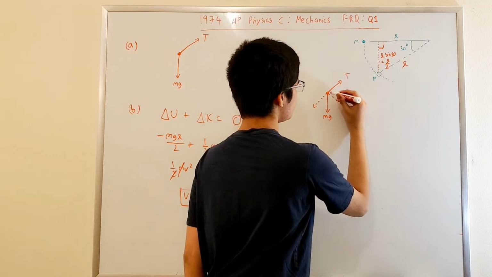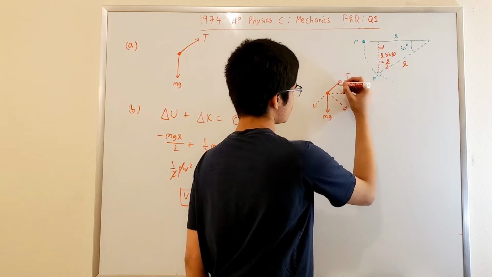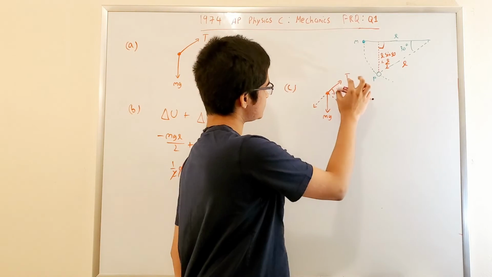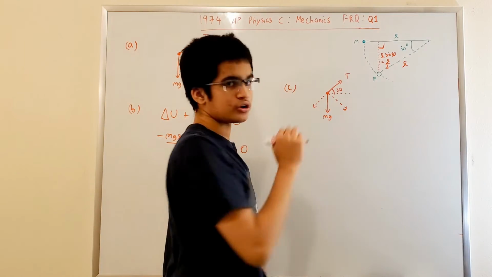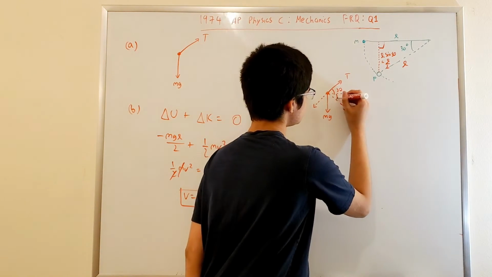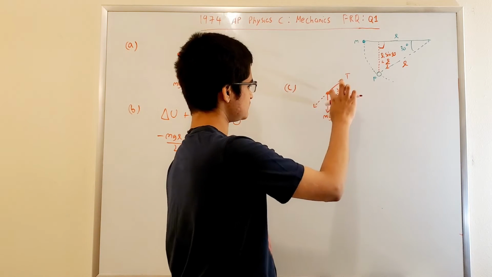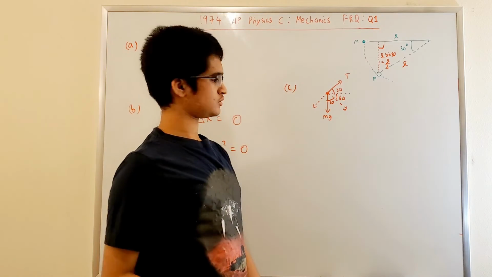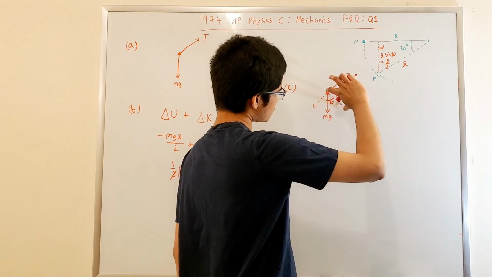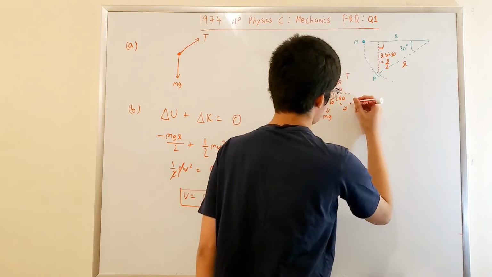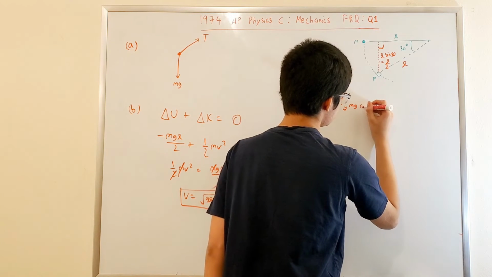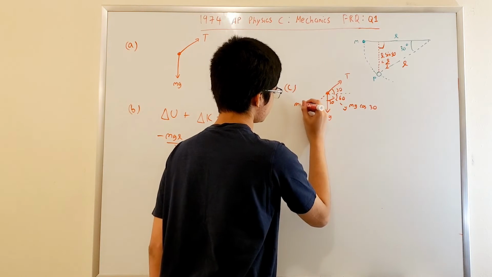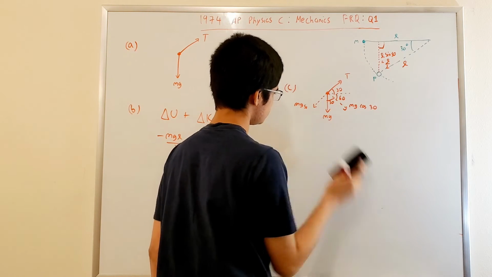Here's the horizontal, and this is 30 degrees. Since these two vectors form a right angle, this is going to become 60 degrees, and since these two also form a right angle, this is going to become 30 degrees. So this vector over here is going to have a magnitude of mg cosine 30, and this vector is going to have a magnitude of mg sine 30.